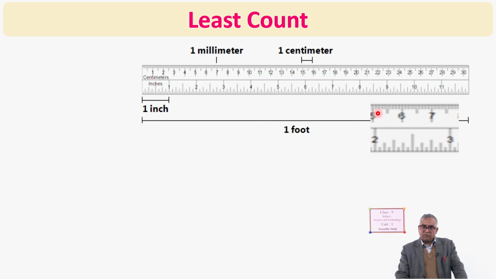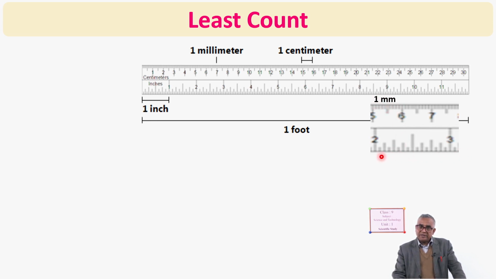It is clear: 1, 2, 3, 4, 5, 6, 7, 8, 9, 10. So there are 10 segments. So, 10 parts of 1 centimeter, what is it? Smaller than centi. Yes, that is millimeter. So, the least count of this scale is 1 millimeter.